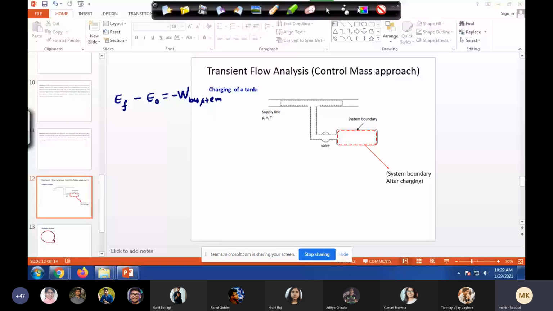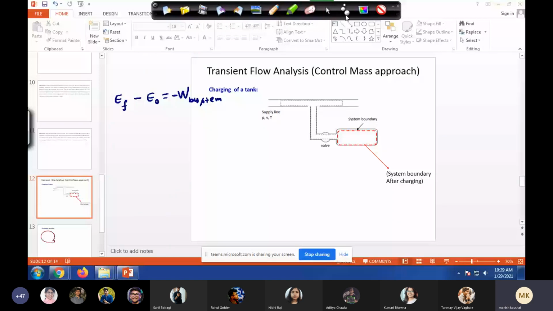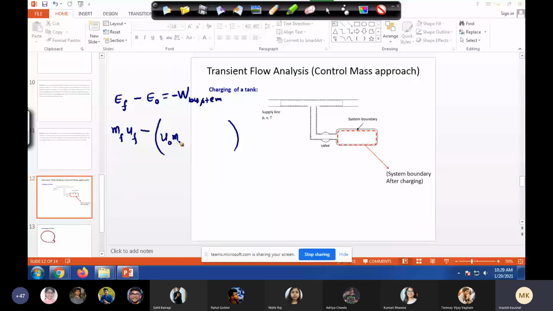MF UF minus U naught M naught plus (MF minus M naught) U supply.